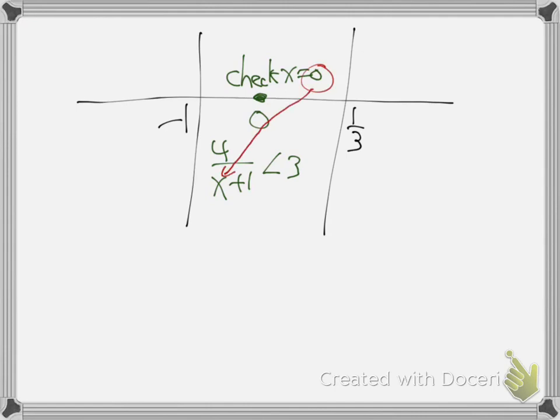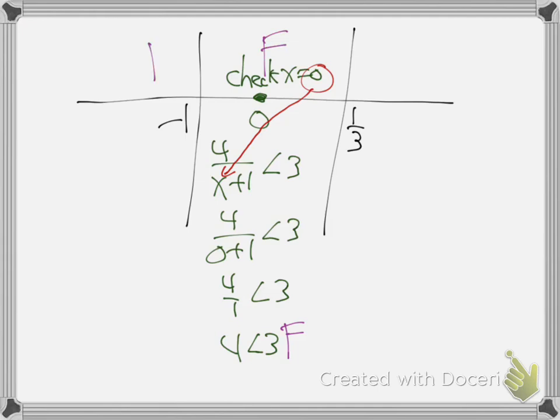So we get 4 over 0 plus 1 less than 3. 4 over 1 less than 3. 4 over 1 is 4. Is 4 less than 3? No, that's false. 4 is not less than 3, so that's false, which means this is true and this is true. Remember, it alternates true, false, true, or false, true, false. So this section is true, and this section is true.